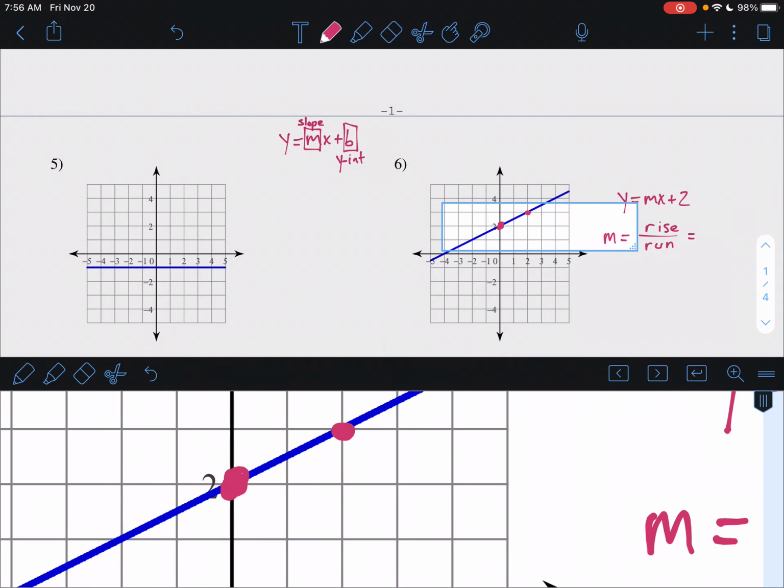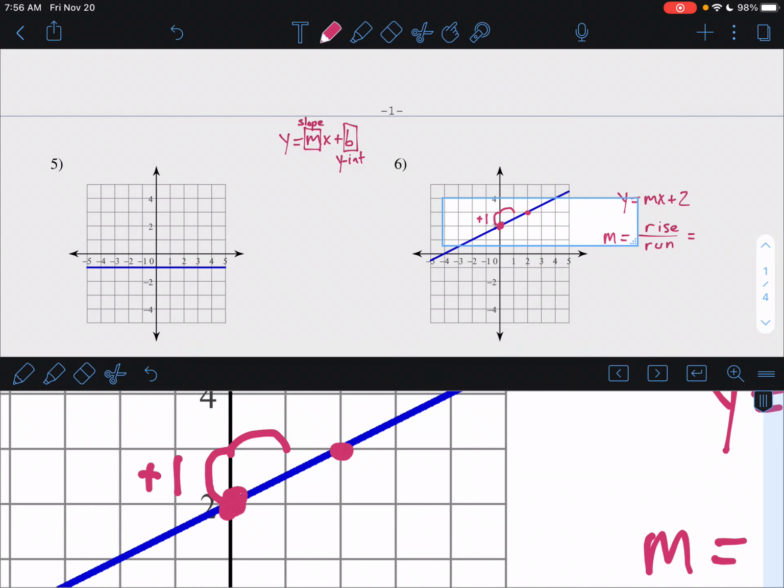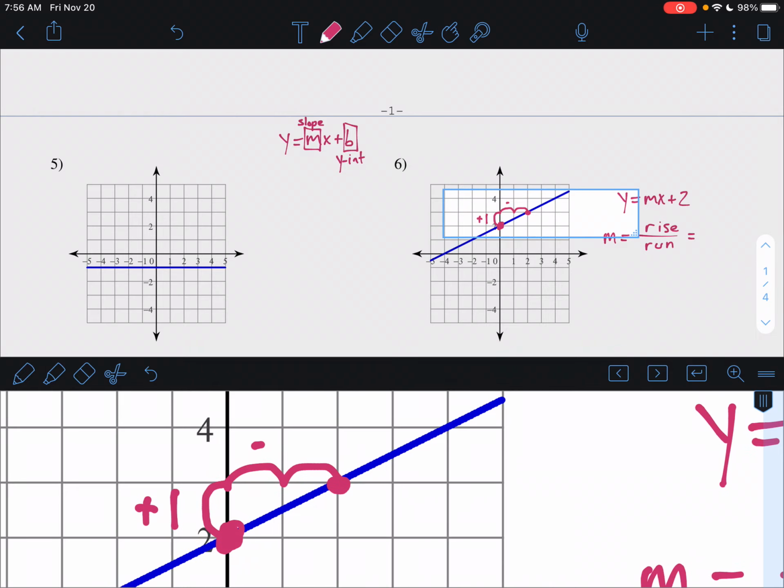So to get from this first point, this 0, 2, to the second point, 2, 3, I'm rising 1. So I go up 1, and I run to the right 2.